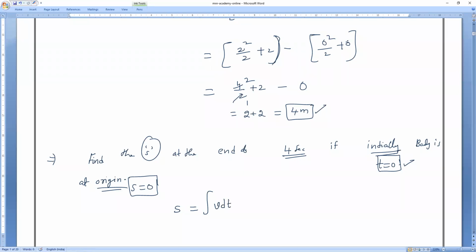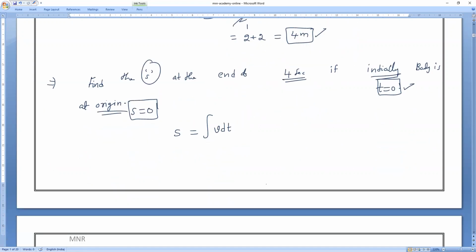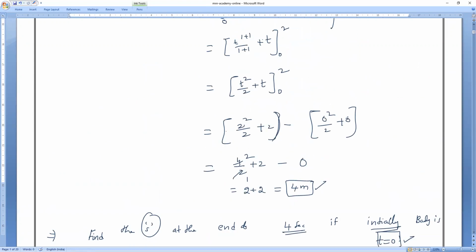Now you tell me, are there any limits for this? Is it a definite integration or indefinite integration? No limits are mentioned in the question. So is it a definite or indefinite integration? Indefinite integration. Clear? So what is the function we have got?